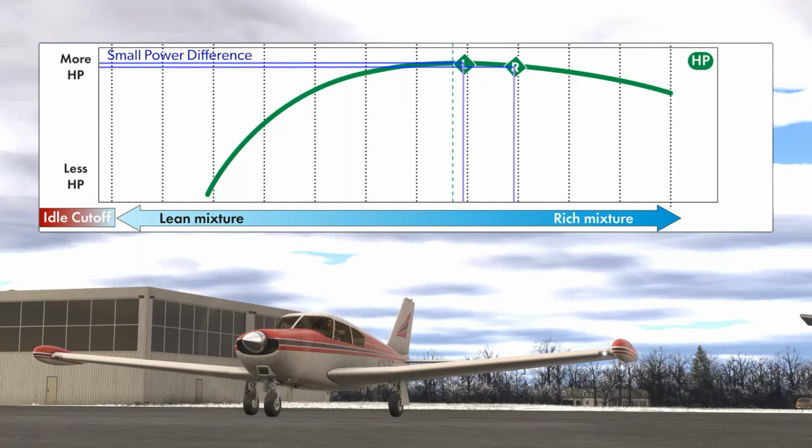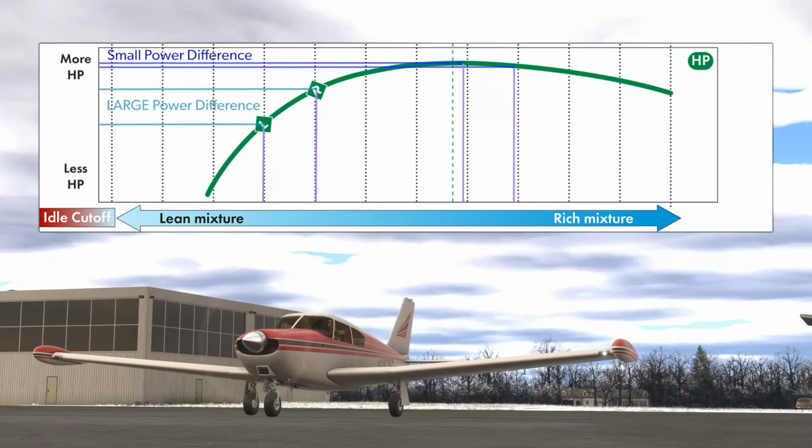This actually shows that on one more slide here. So the vertical lines are how far apart they are in fuel flow. The horizontal lines mark the fact that it's a pretty small power difference that results from that. But if you move over to the lean side of the curve, same distance between the cylinders, same distance between the vertical lines. So the fuel distribution between the two is just as different as it was on the rich side.